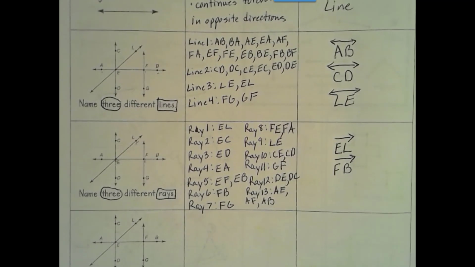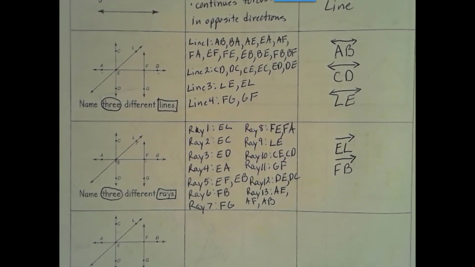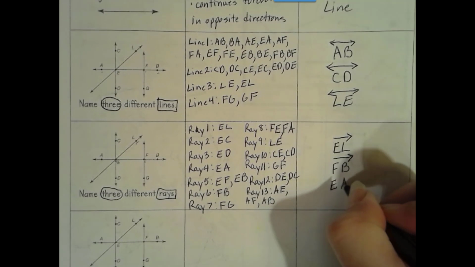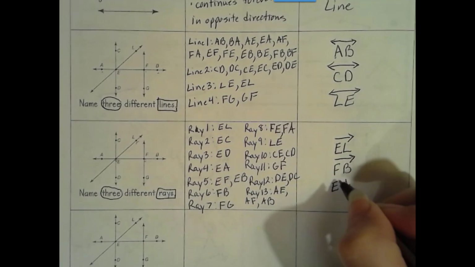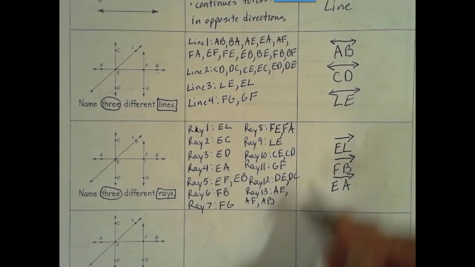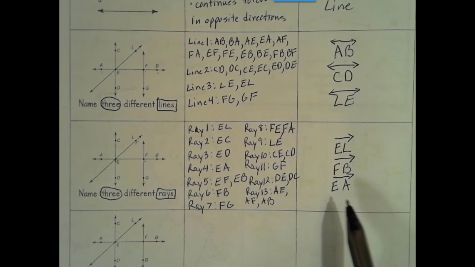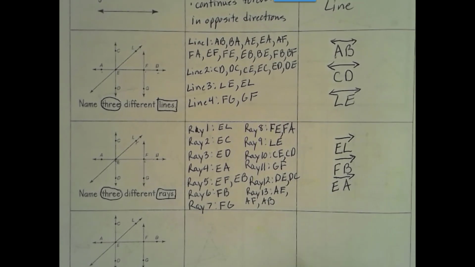So this is ray FB. And then I'm just going to pick another one. I'll do EA, the one that goes that direction. But really, we have lots and lots of different options. We have 13 different options that you could choose from. Endpoint has to go first, always 2 letters, and ray on top to name a ray.